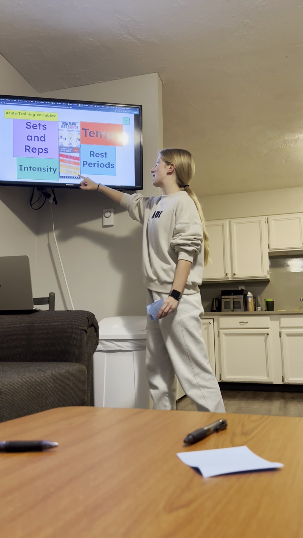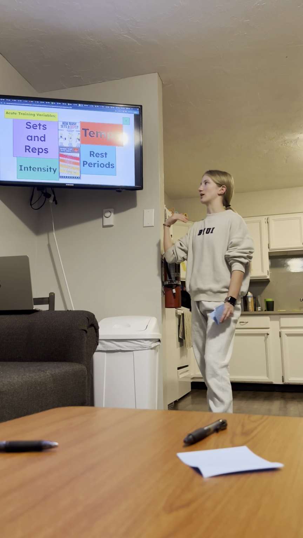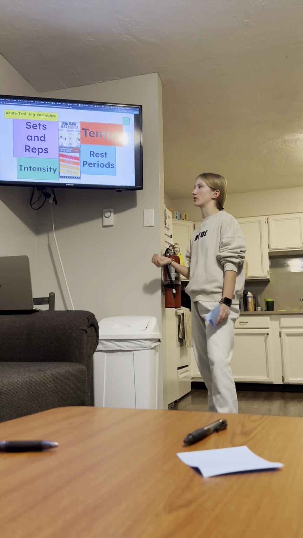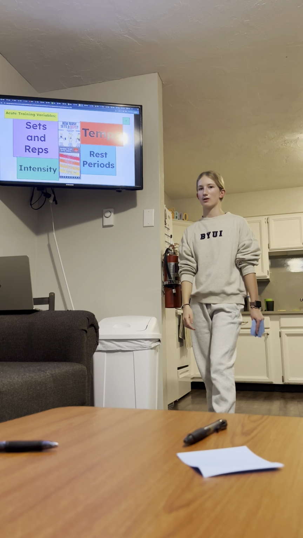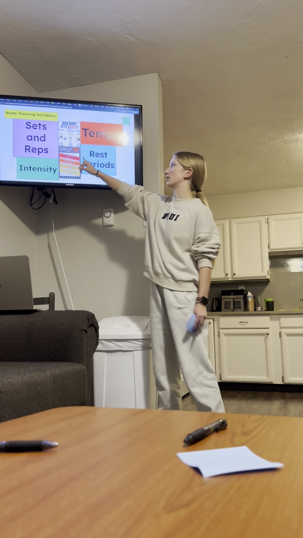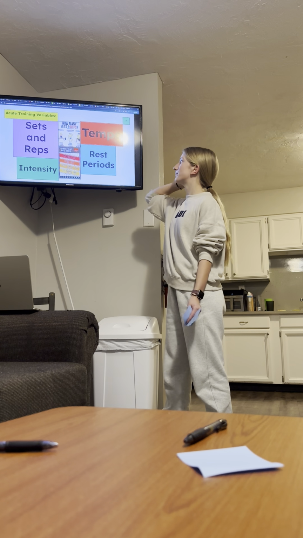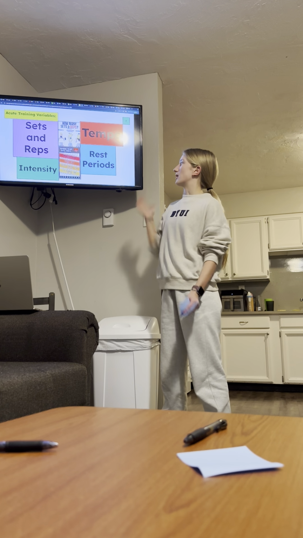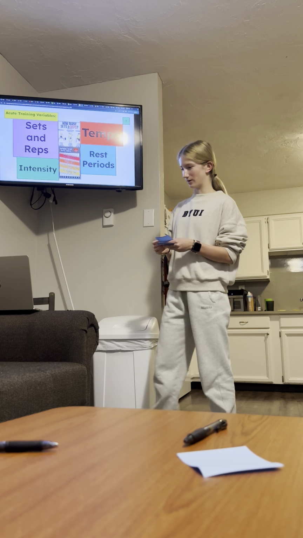And then as you move down, it's the fat burning zone. The higher the intensity, the more carbs you're using, and the lower the intensity, the more you're using fat. This would be glycolysis, and that would be the Krebs cycle. So yeah, it just depends on what you're doing. Okay.